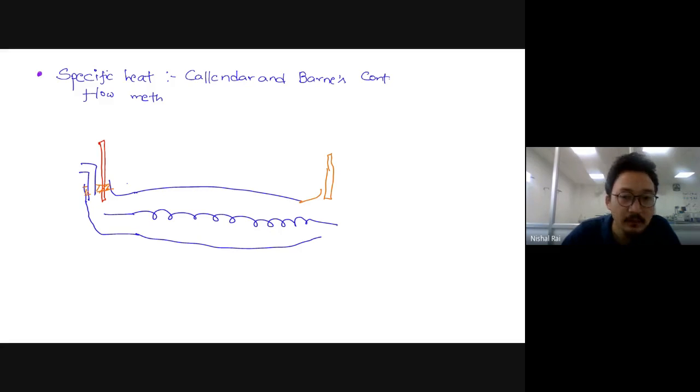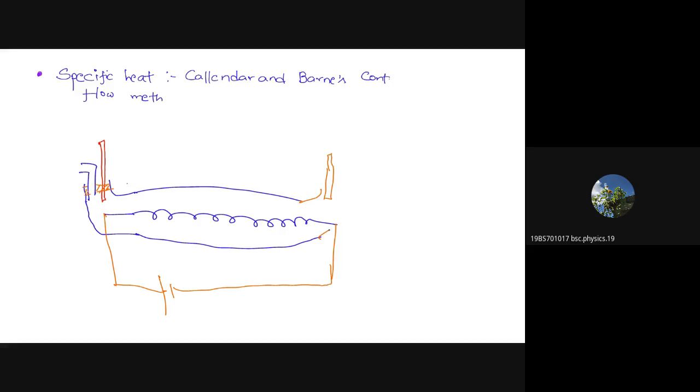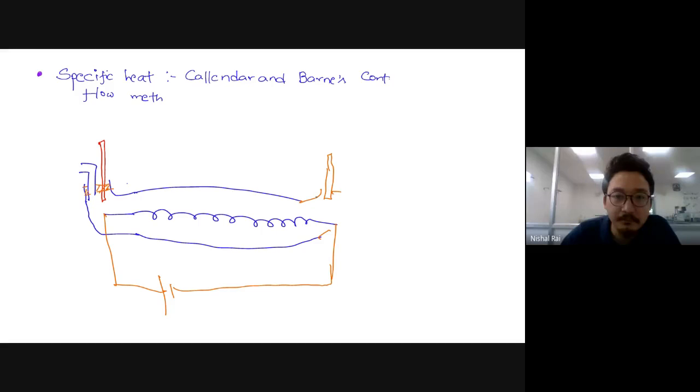Now, if we give a certain amount of voltage over here, what will it do? It will start heating the water.